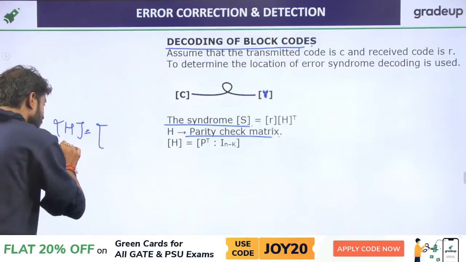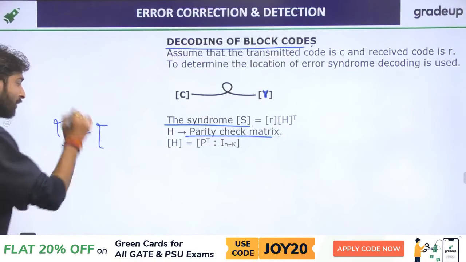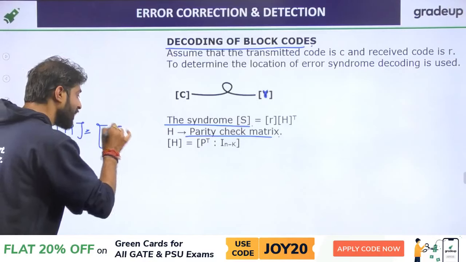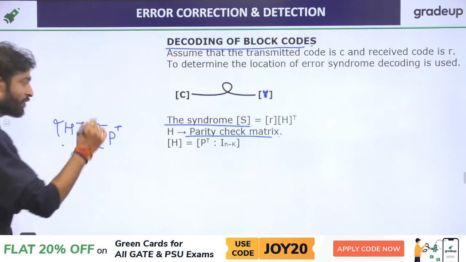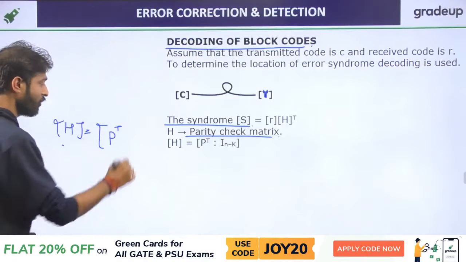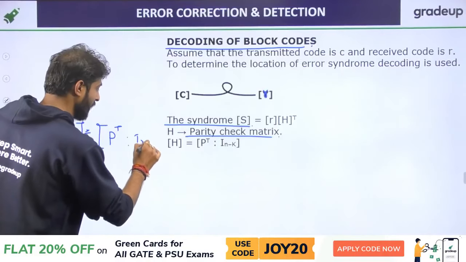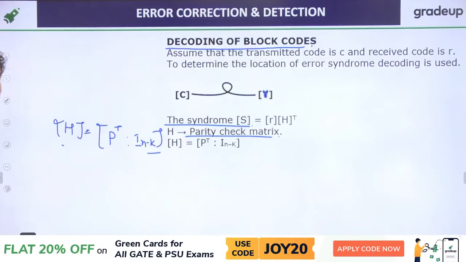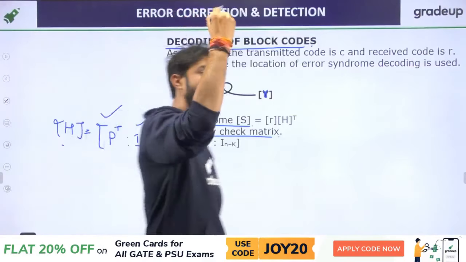But in the parity check matrix, first there will be the transpose of P, the parity matrix, then there will be the identity matrix of size n minus k, right?